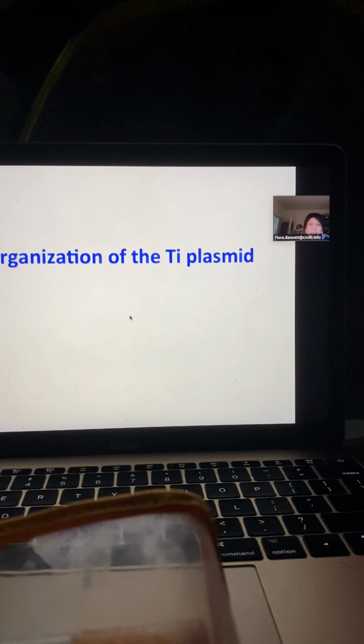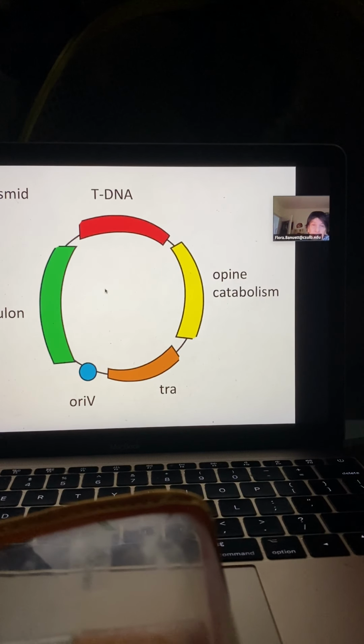So what is this famous plasmid, the Ti plasmid that this bacterium contains? Okay, so in a cartoon form, this plasmid has several regions. Of course, it has an origin of replication, or ori. It also has an origin of transfer, which I'm not showing here, which is involving conjugal transfer.